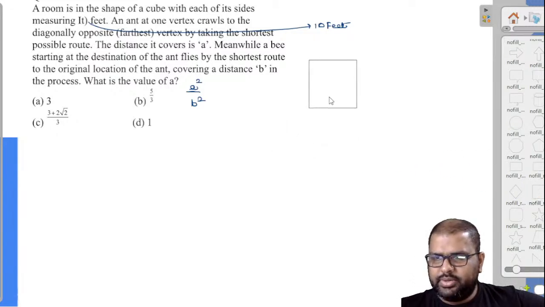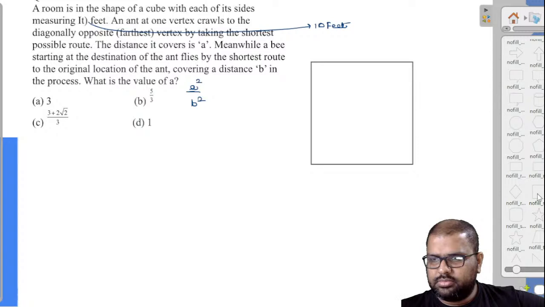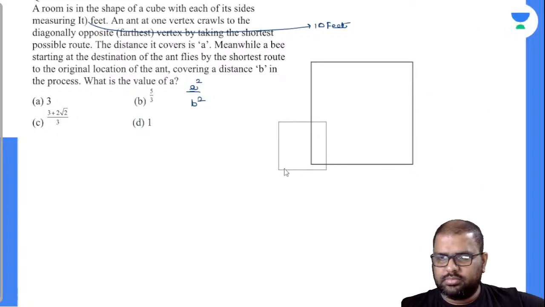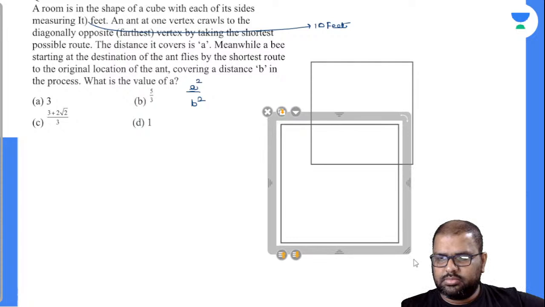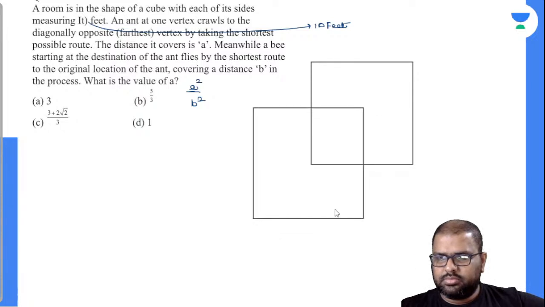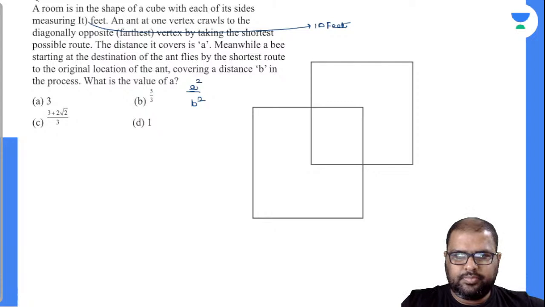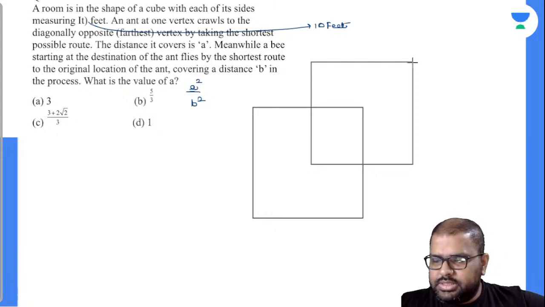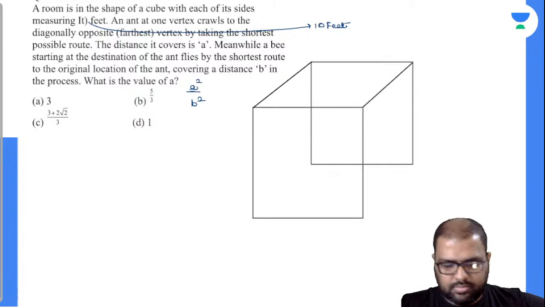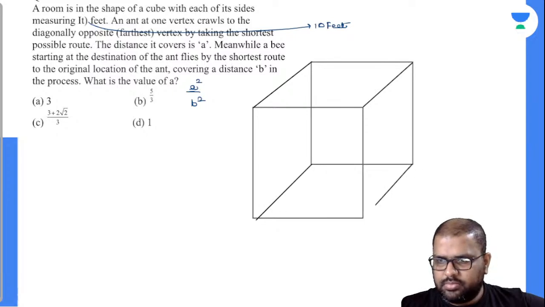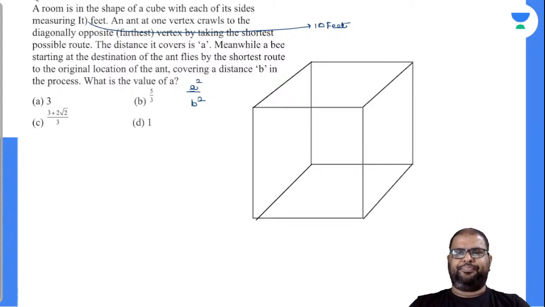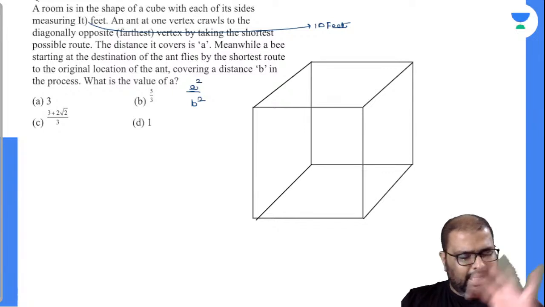So I'll draw the things there, you can understand. So this is a cube. You closely observe that the ant cannot fly.